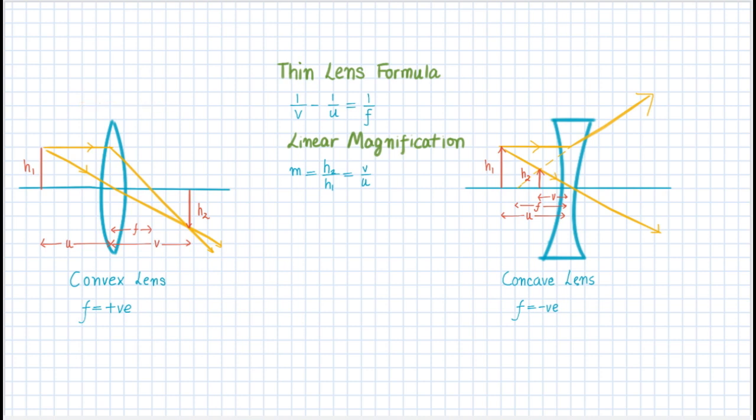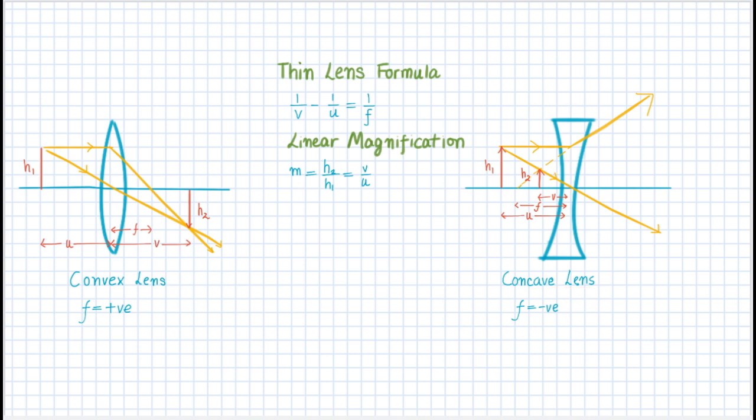And the focal length for a concave lens is negative, since it is measured in the opposite direction, from right to left, but our incident light flows from left to right. Since it is in the opposite direction, the focal length for a concave lens is negative.